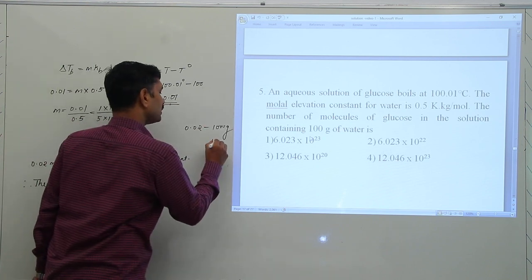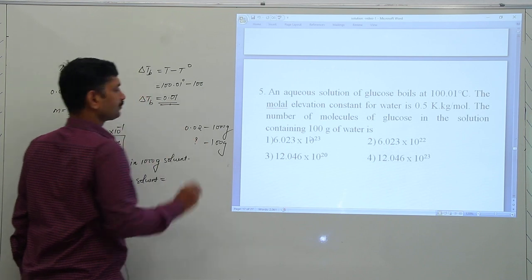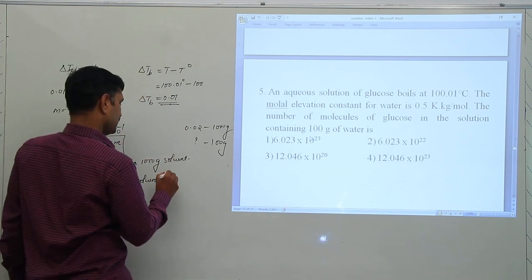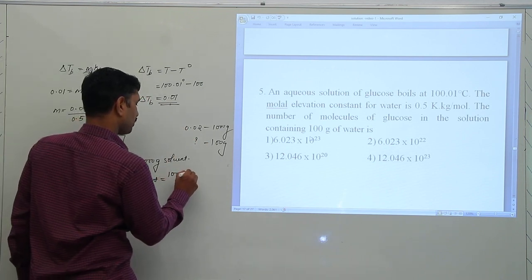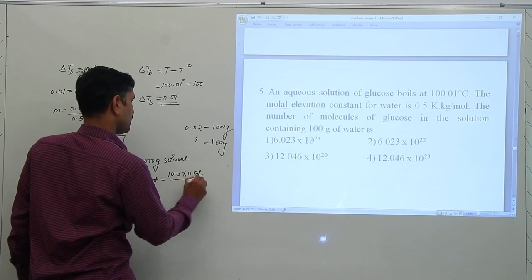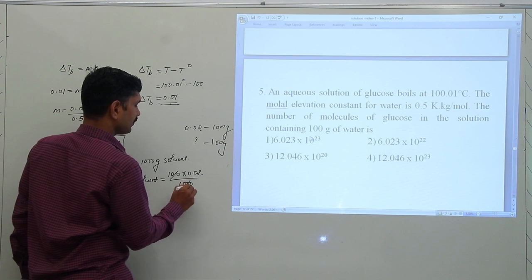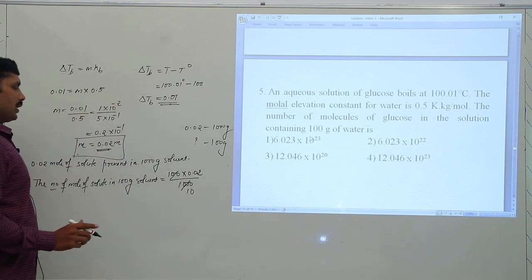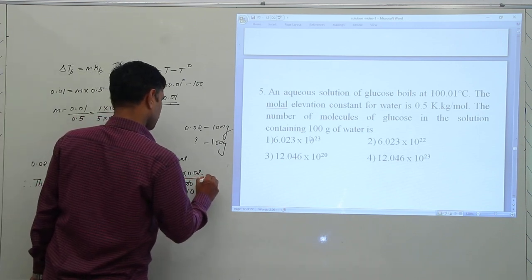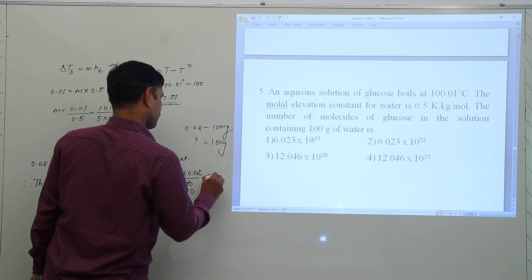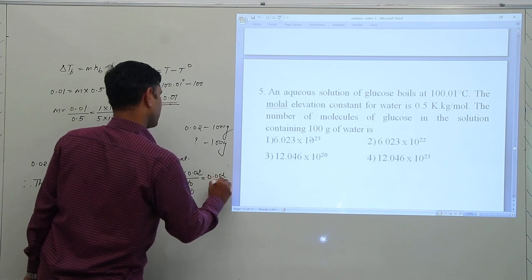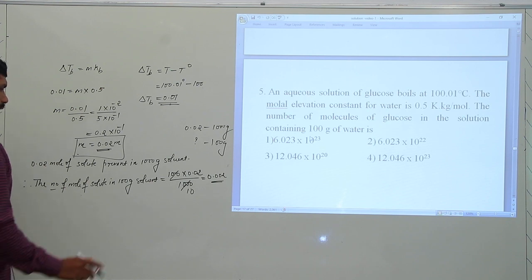So 100 gram consists of how much? Cross multiplication: 100 into 0.02 divided by 1000. This answer is 0.002 mole.